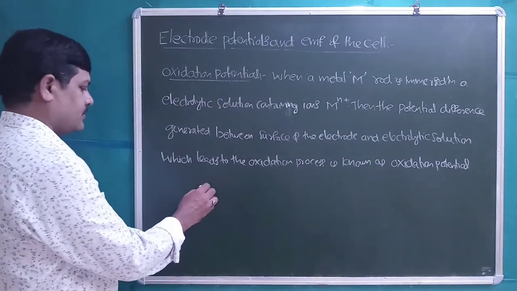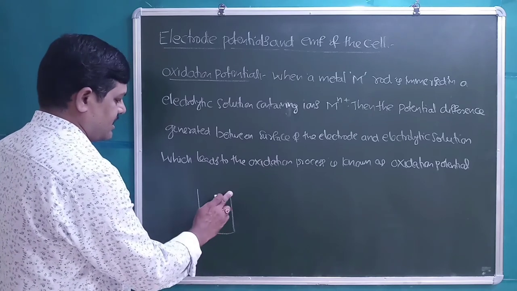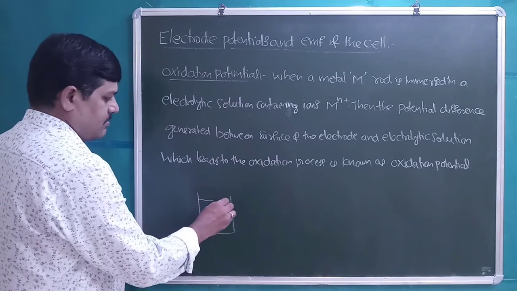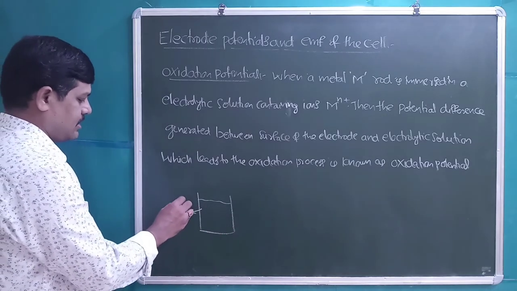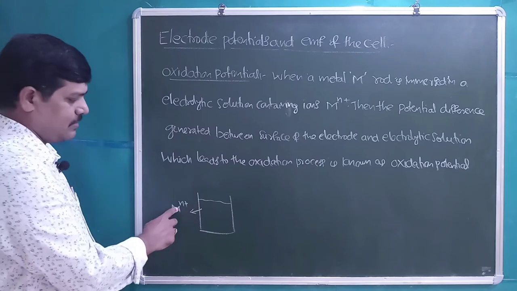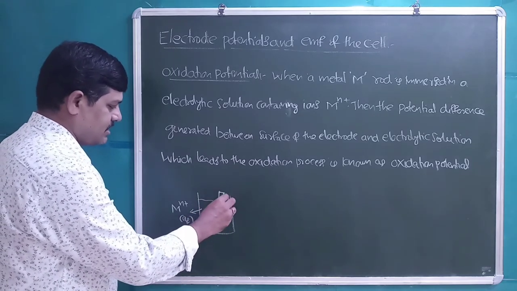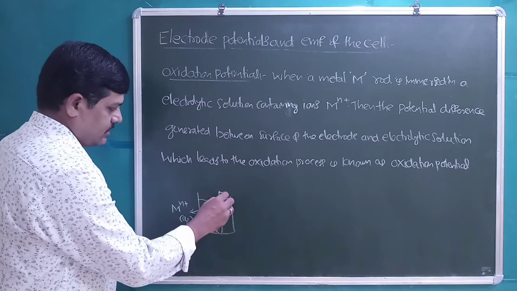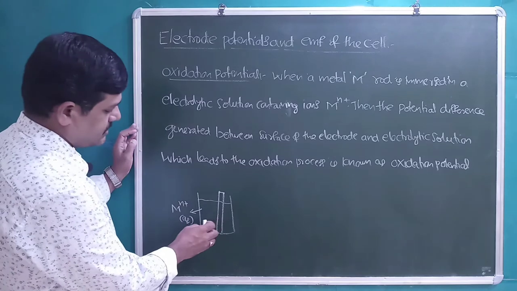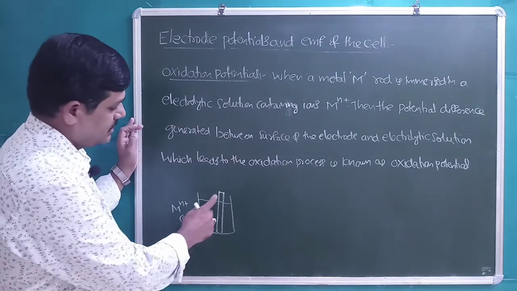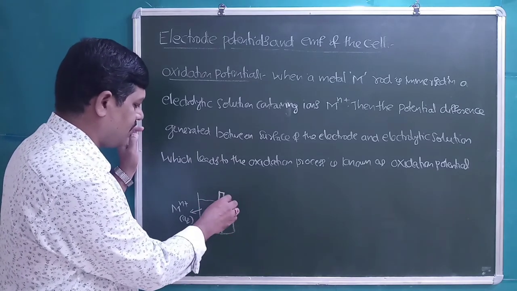Students, for example, we have immersed a metal rod M, the metal symbol we are indicating with M, in the electrolytic solution which contains the ions of the same metal, that is Mn plus. This is in the aqueous state. Then a potential difference is generated because the electrolytic solution contains the ions of the same metal and the surface of the metal contains neutral metal atoms.